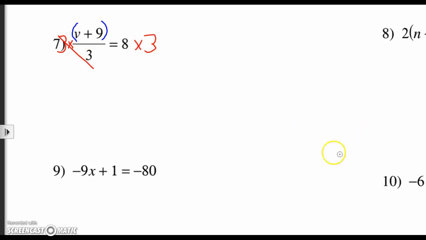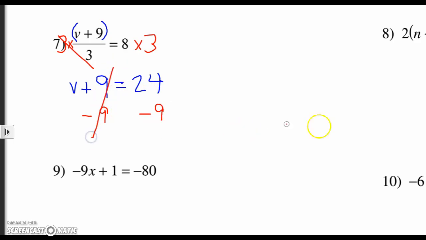We'd be left with v plus 9 equals 24. And now we would subtract 9, since subtraction is the opposite of addition. Our plus 9 minus 9 cancel, and we're left with v equals 24 minus 9 is 15.